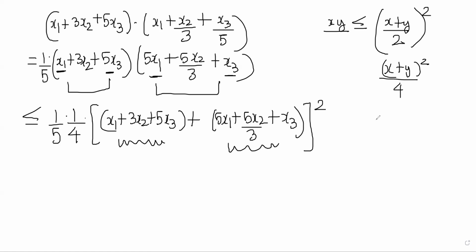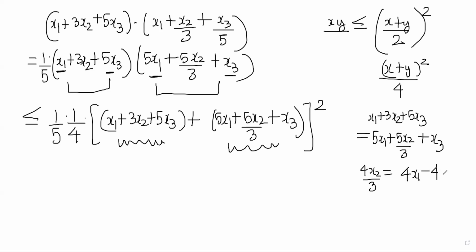If I try to solve that, I'll get x1 + 3x2 + 5x3 should be equal to 5x1 + 5x2/3 + x3. So if you think about it, this is becoming 4x2/3 is equal to 4x1 minus 4x3.